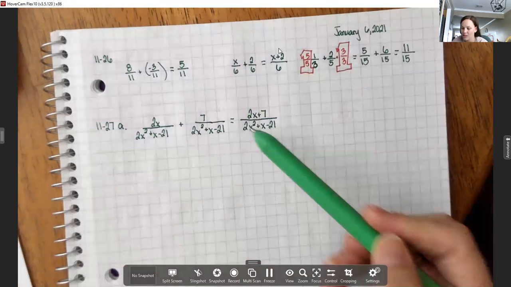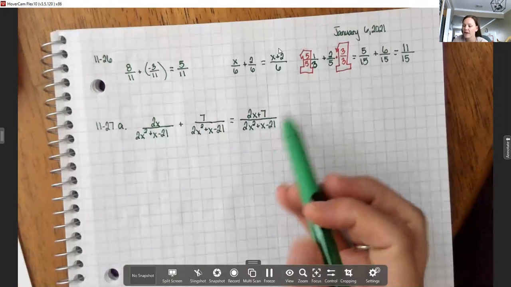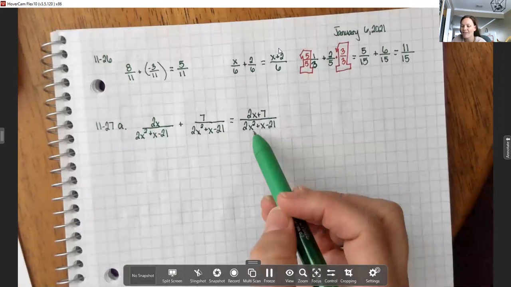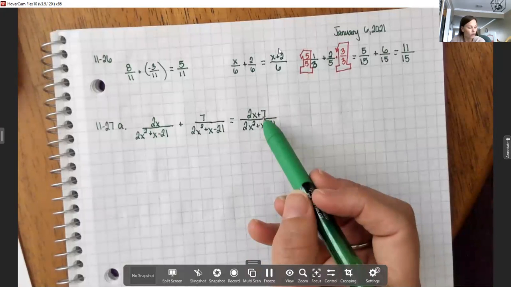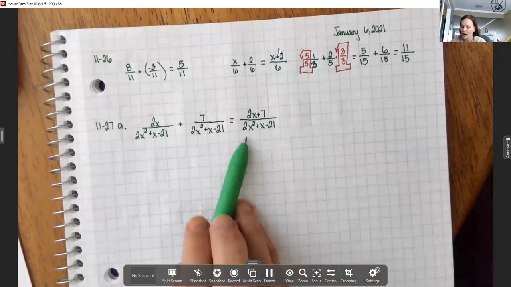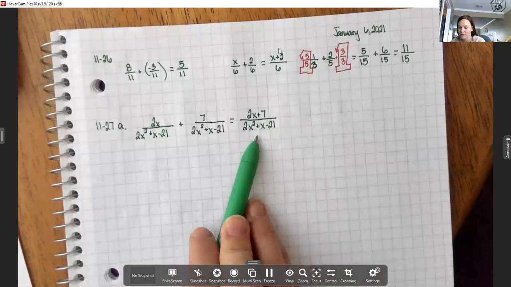This 2x and this 2x squared, those don't simplify at all. We can only simplify if we have a factor in the bottom that's the same as the top. So we need to try to factor this denominator, 2x squared plus x minus 21.